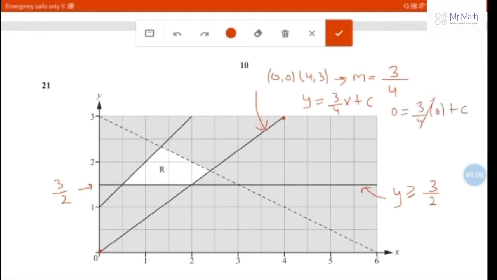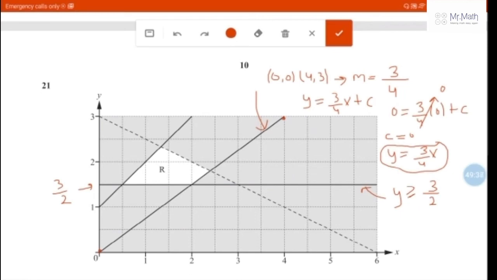So this is 0, which means that c is 0. So the final equation is y equals 3 over 4 x. Now, again, since the region R is above that line, the inequality is y is greater than and equal, and the equal sign is included because it is a solid line.